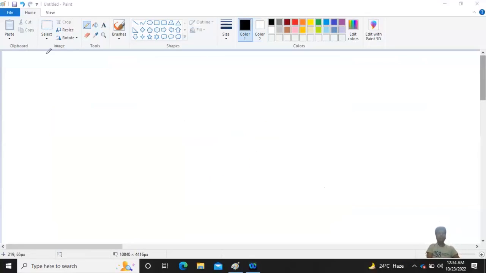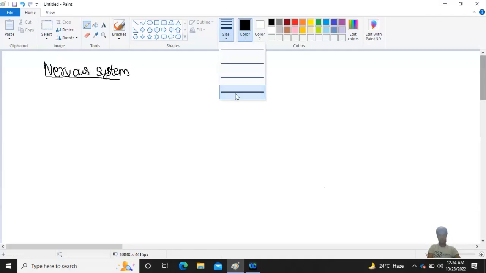So now we are starting the nervous system in the abdomen. Here we have to learn the plexus.